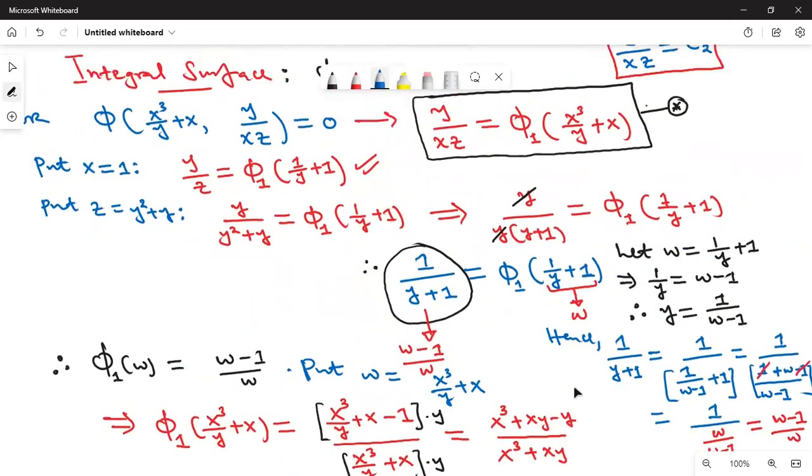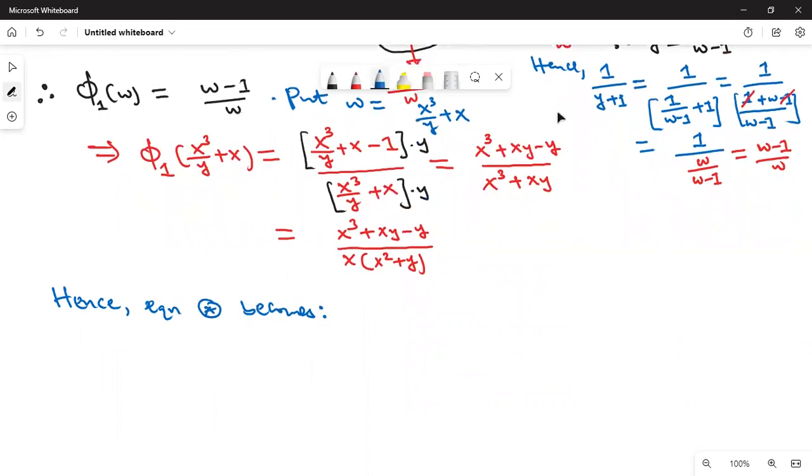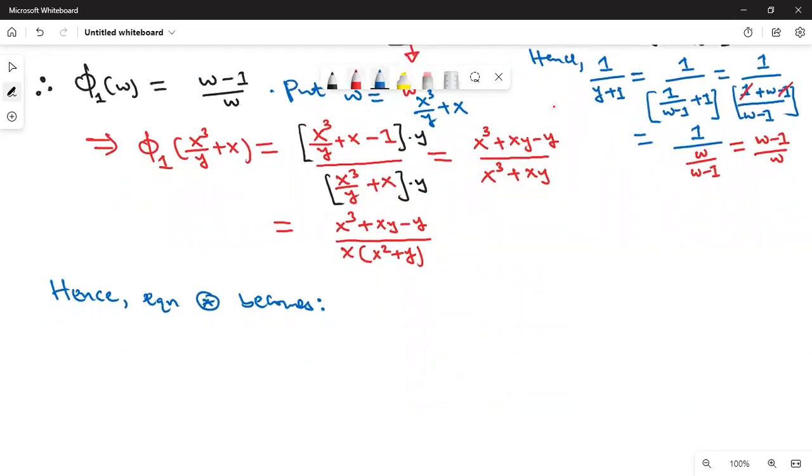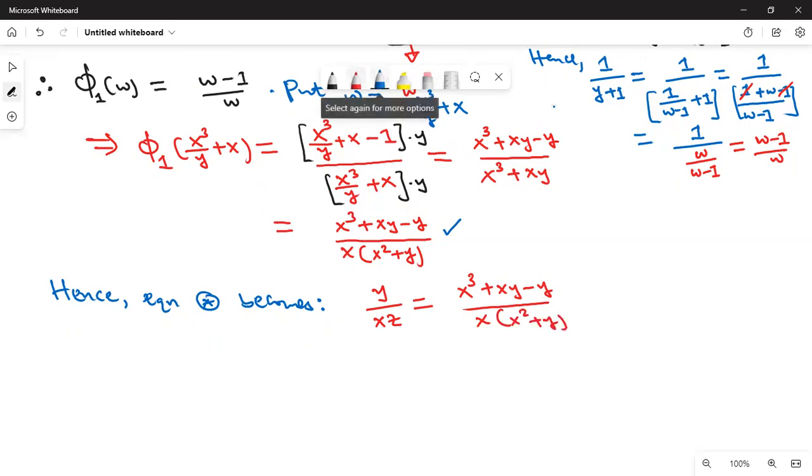It is y over xz, and on the right hand side now, instead of phi1 of x cubed over y plus x, we are going to write what we found here. So it should be now x cubed plus xy minus y, everything over x into x squared plus y. And you see the x will cancel with the other x.